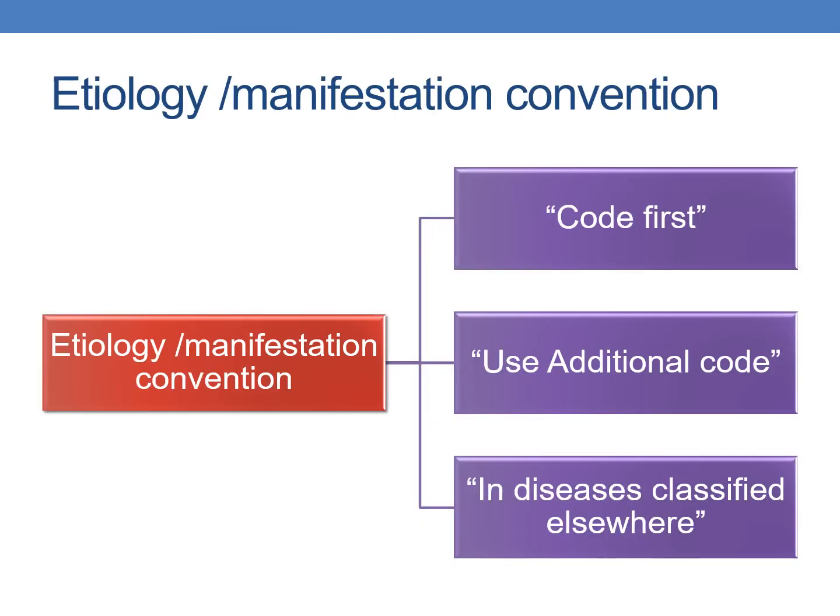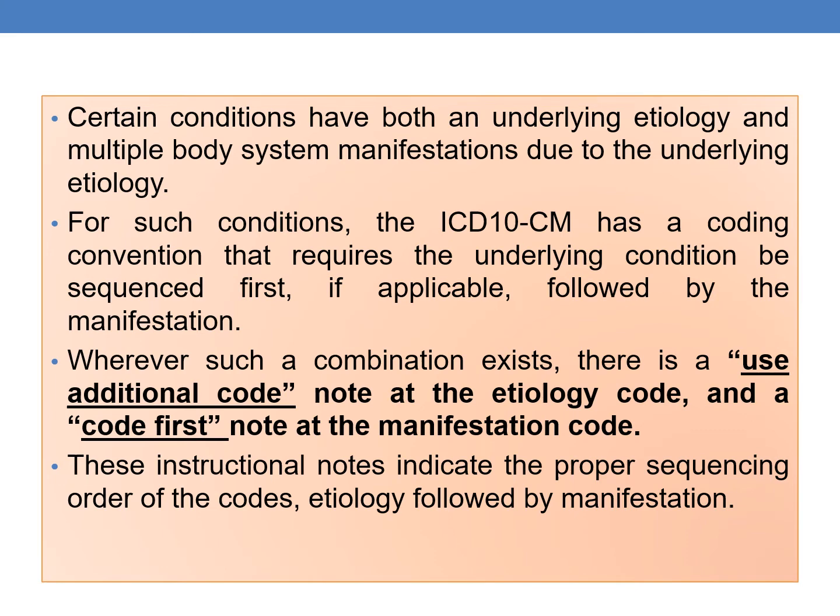Coming to the next convention, the etiology manifestation convention. The etiology and manifestation convention mainly deals with three conventions. The first is code first, use additional code, and in diseases classified elsewhere. So let us discuss in detail each of these conventions. Certain conditions have both an underlying etiology and multiple body system manifestations due to the underlying etiology.